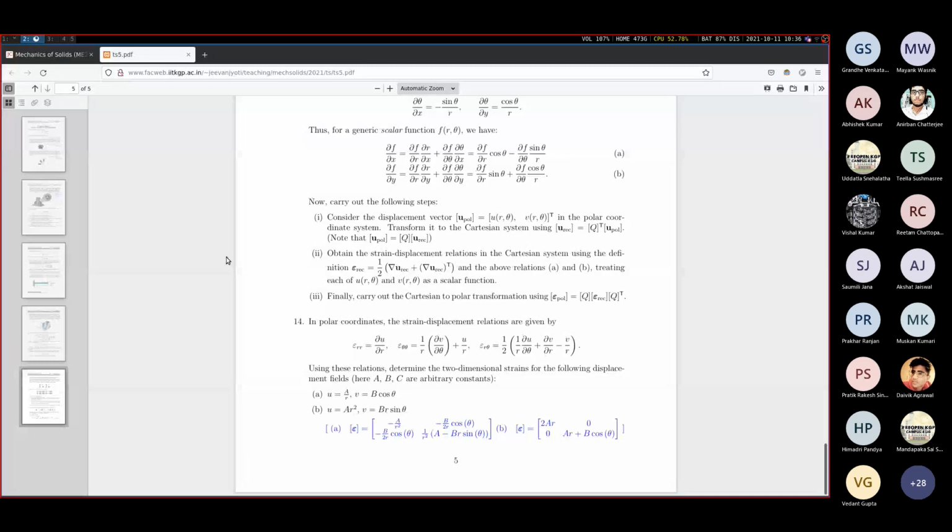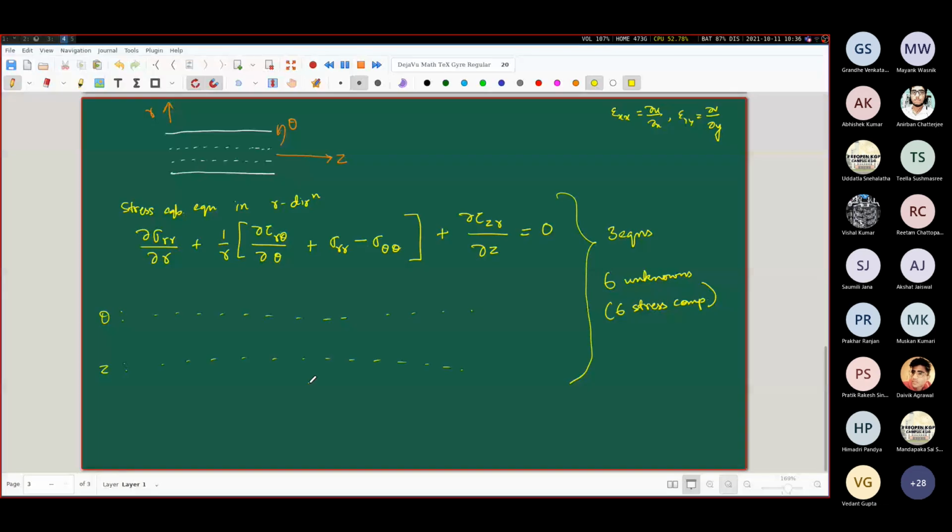What I'm going to say is that I'm not going to write any of those equations. I'm just going to take an account of the equations that are actually present. So, strain displacement relations. You'll see in a moment why I'm making such a big fuss about the number of equations and number of unknowns. How many of them are there? There are six equations. And how many unknowns are present here?